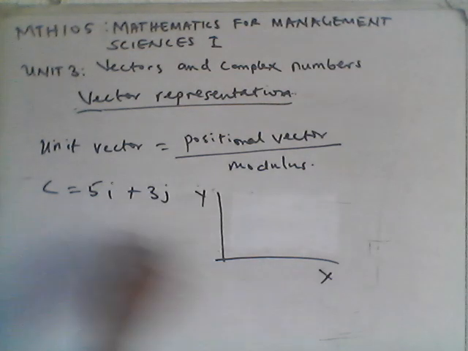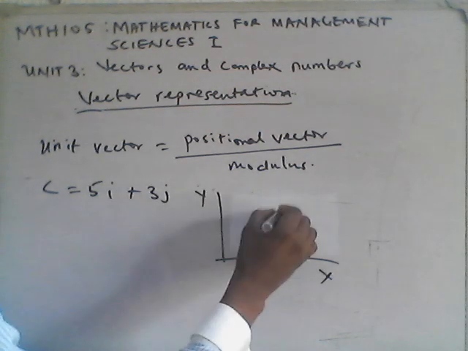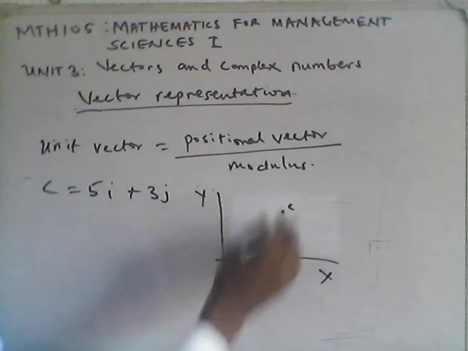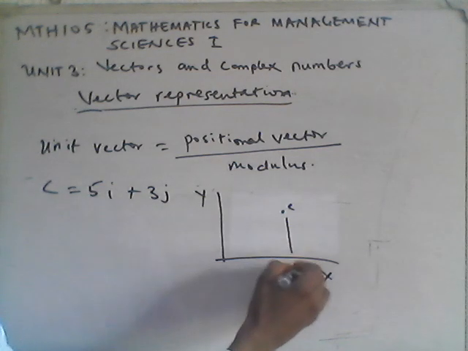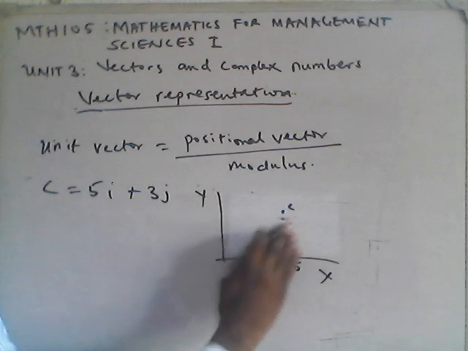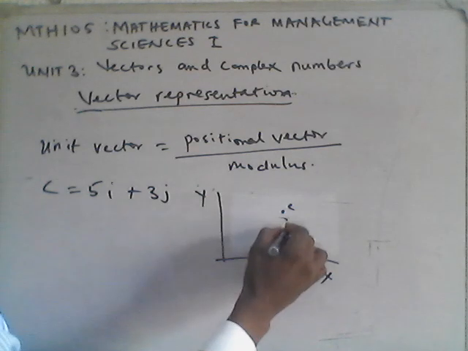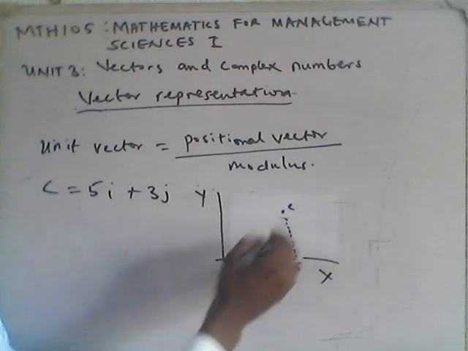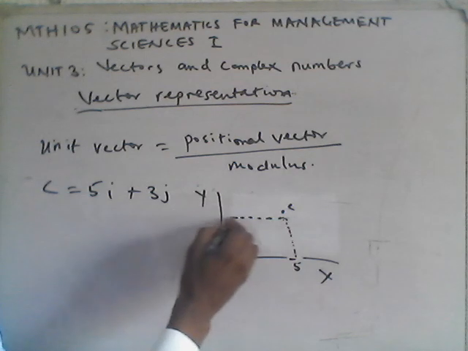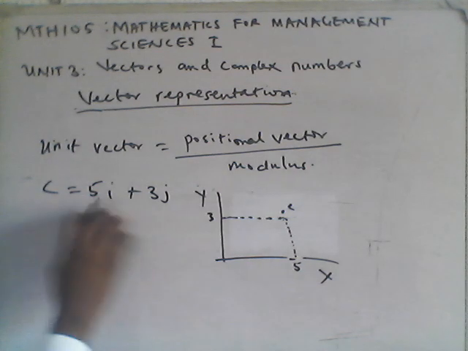Y axis, X axis. So what this one is telling us is that the position of C is 5 here. Let me use a broken line. If you measure it to this place, it's 5. If you measure it to the y-axis, it is 3. That's what this thing is telling us.